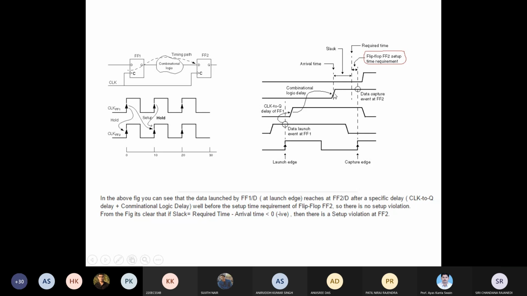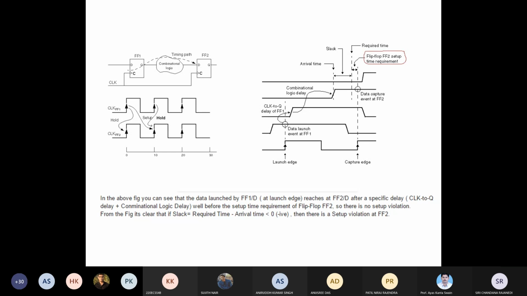But if the delay in the combinational path is more and the data arrives after your required time, then required time minus arrival time becomes negative.